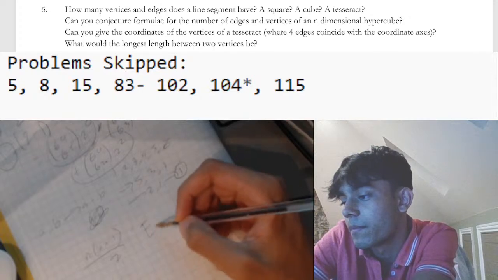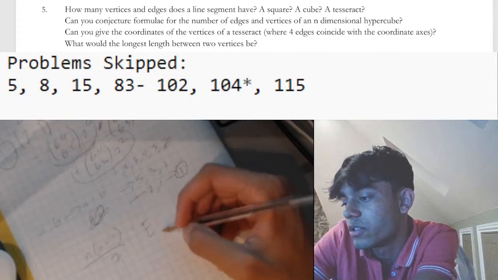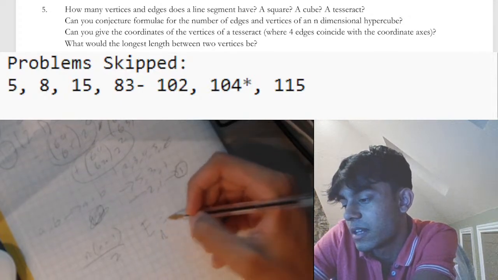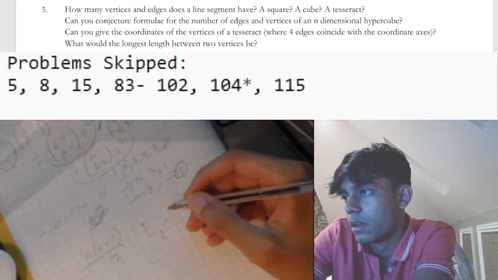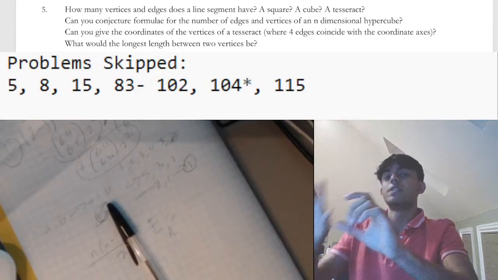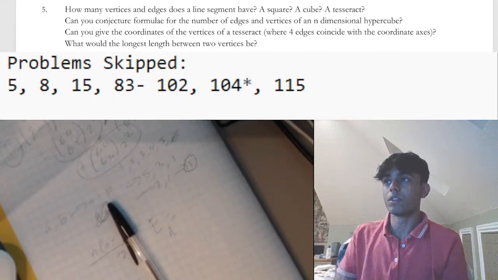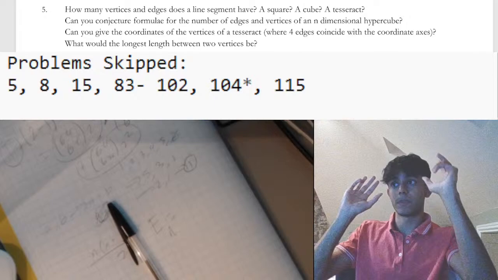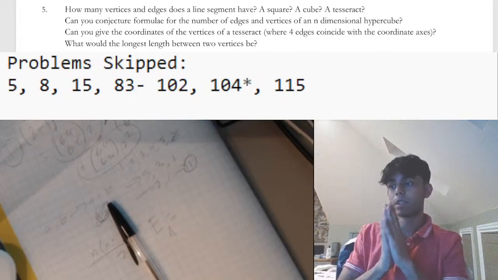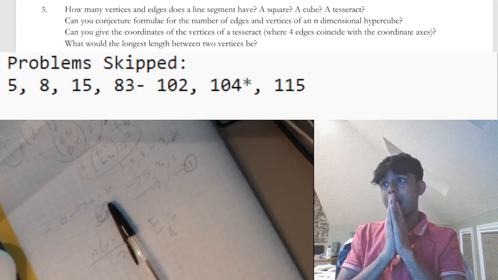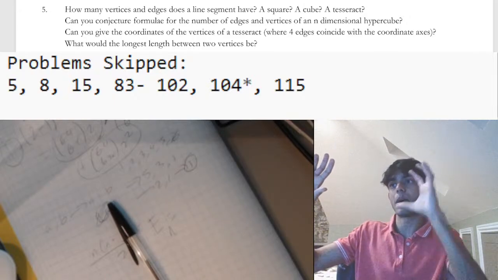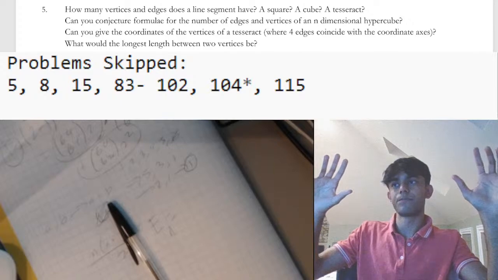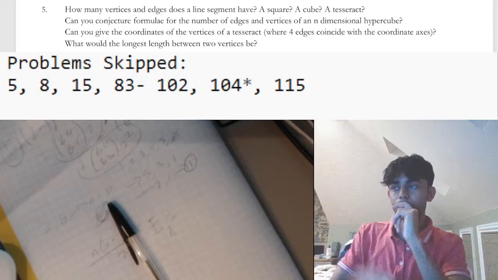Say you have n dimensions. To get a cube, you take two squares and connect them. So for an n-dimensional hypercube, you're taking two n minus one dimensional hypercubes and joining them together.